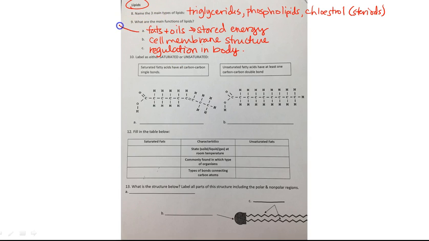Just to remind you what these look like, triglycerides are going to be one glycerol head with 3 fatty acid chains. Our phospholipid is going to be one glycerol head with 2 fatty acid chains, and they're going to stack up together because of their polarity and be a really good barrier for our cell membrane.